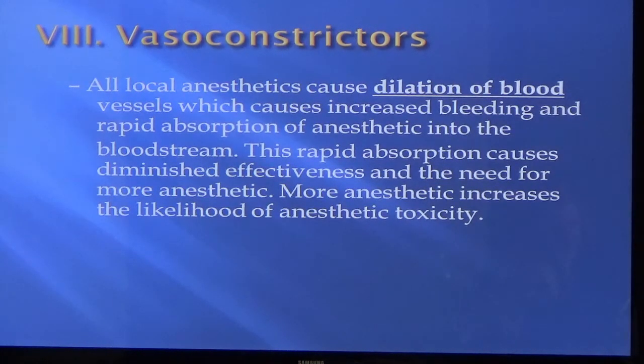So if you don't have a vasoconstrictor which shuts those down, the anesthetic isn't going to last. You're going to inject, and after 10 to 15 minutes, if there's no vasoconstrictor, or half an hour, it's gone. And if you need something that lasts longer, you've got to have epinephrine, which is the vasoconstrictor, to shut that blood supply so that it stays there longer.